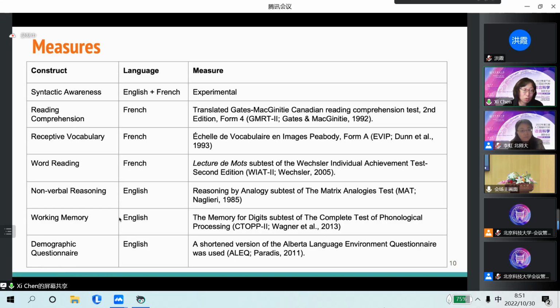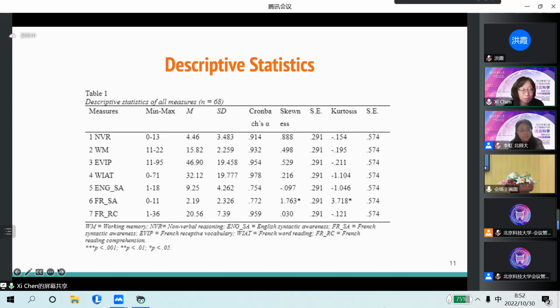But we had some control variables, nonverbal reasoning and word reading, which were measured in English, because that was children's stronger language. We also had a demographic questionnaire. Okay, so the syntactic awareness was basically a word order task that I showed you earlier. We give them segments of a sentence. They have to sort them into a grammatical sentence.